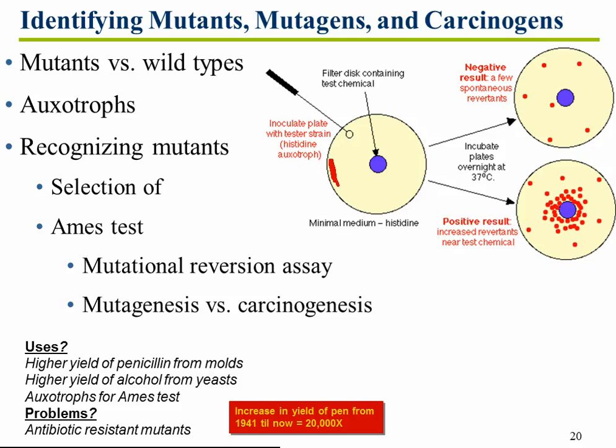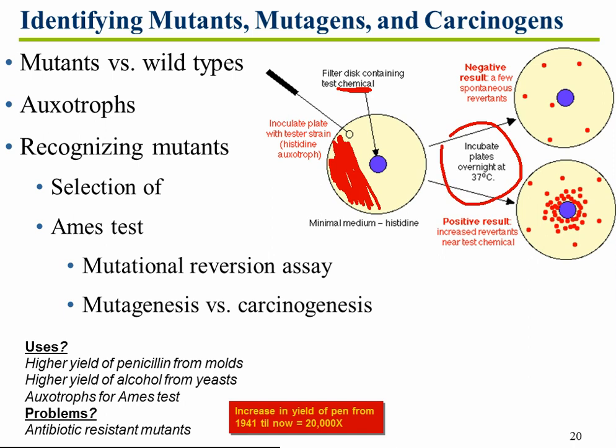We take a loop or a swab, and we swab it all the way across the plate, in red. Now, we take our chemical that we want to determine is mutagenic, and we saturate a little cotton disc, and we put it in the middle of the plate. So the whole plate's covered with Salmonella. It's not grown yet. We just inoculated it. We put the chemical right there.